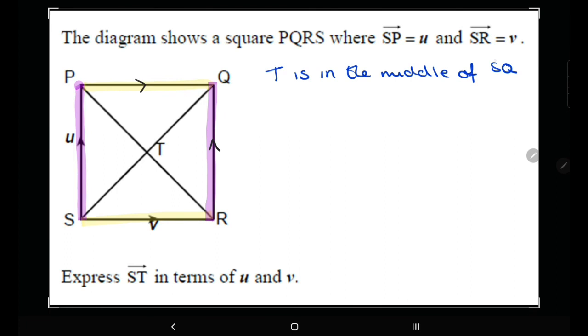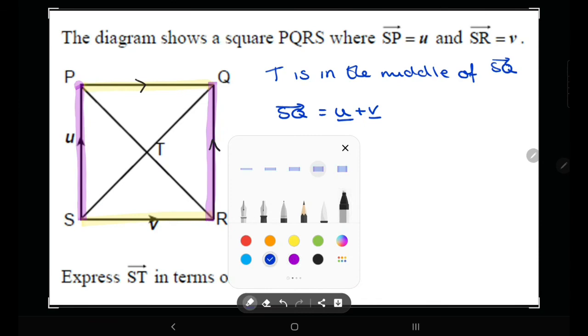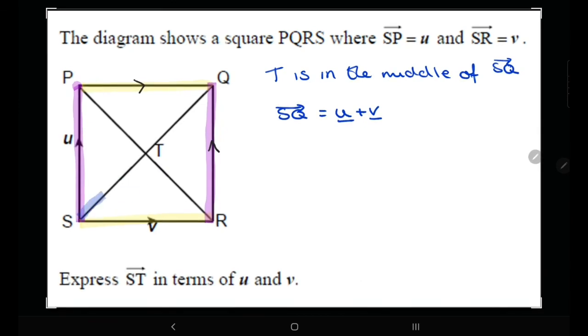And what did we just say the vector SQ was equal to? We said SQ equaled U plus V. So we know this vector here. We have discovered it by calculating SQ. We have found an expression which we can now use to find T.